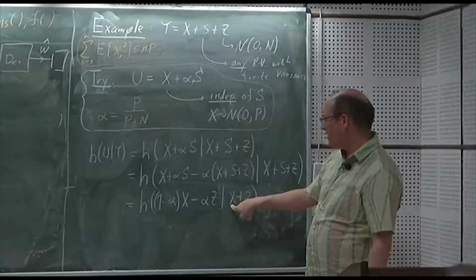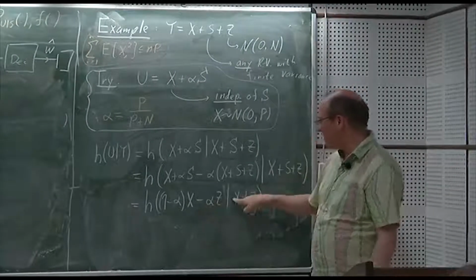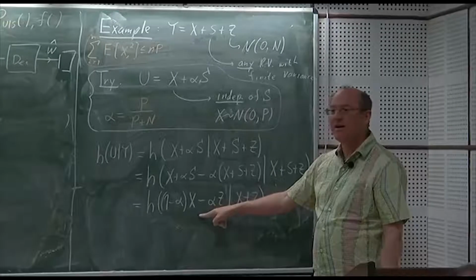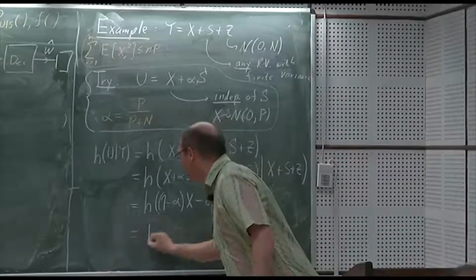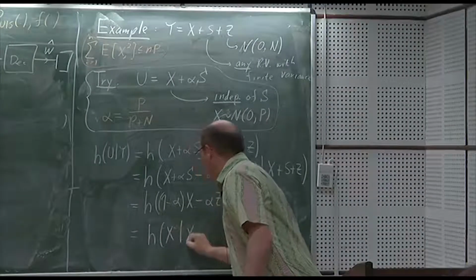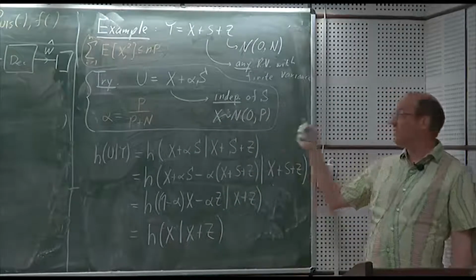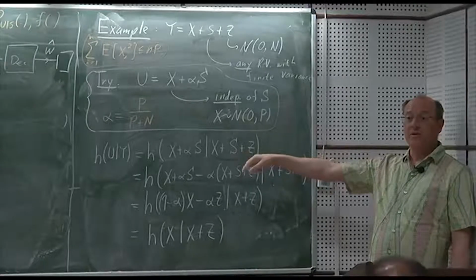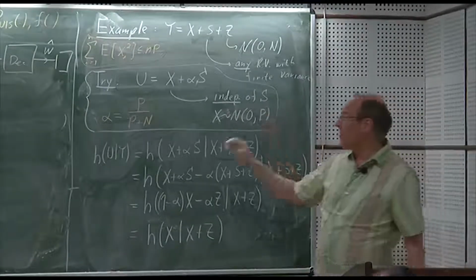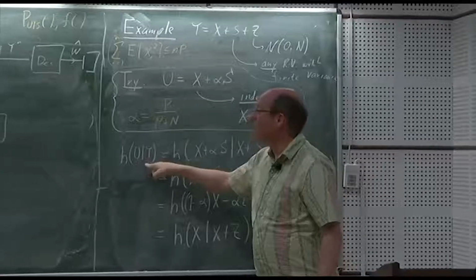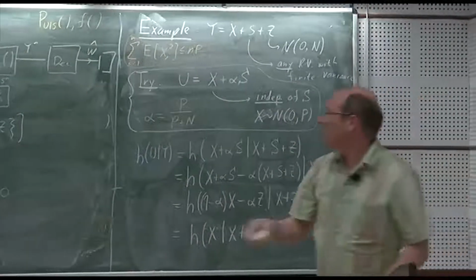And now I can multiply this by alpha and add it back, and I'll just get h of x plus z. So that's nice. I got rid of the interference completely in this expression. So now there's one more step. We had h of y given u minus h of u given s.